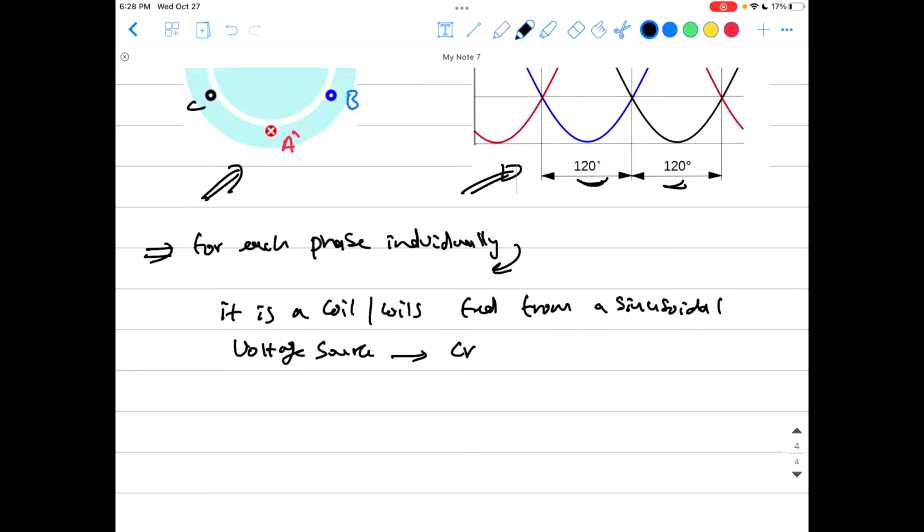This creates what we call a pulsating magnetic field.